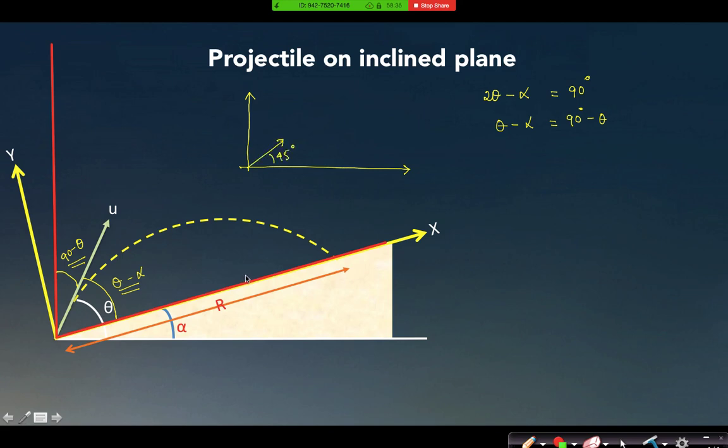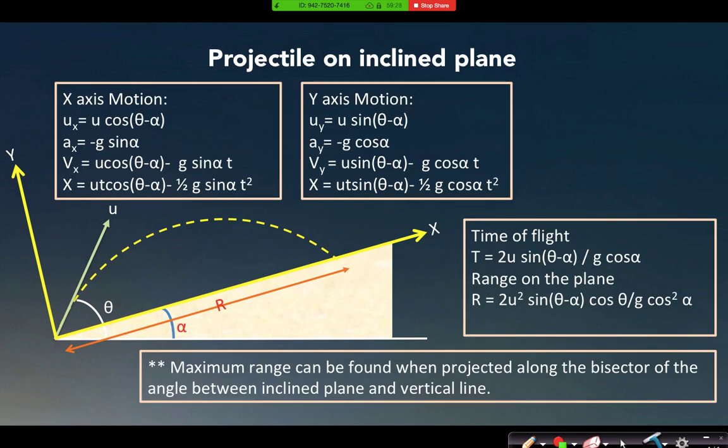So you can see this is a very general statement. In no book you will find this statement, but it will always happen in case of projectile motion. That means we can find the maximum range when the projection is along the bisector between the x-axis and the vertical line. Here we have taken the x-axis along the inclined plane. That is why I have written along the inclined plane and vertical line.